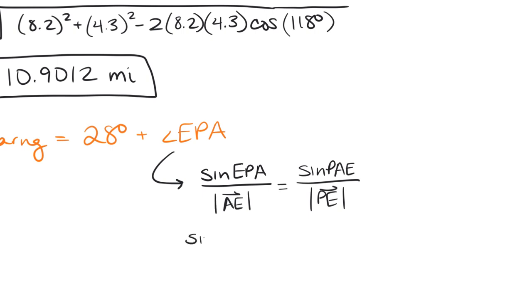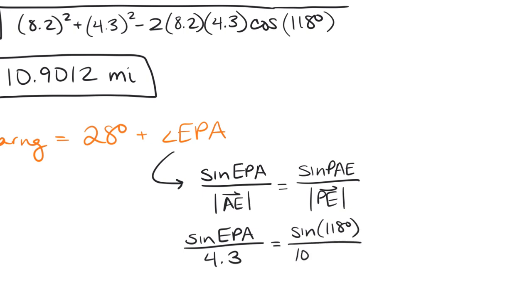So again, we don't know angle EPA, so we're going to leave that as the letters. The magnitude of side length AE of vector AE is 4.3. Angle PAE, that was the 118 degrees. And we just found that the magnitude of the vector PE is 10.9012.